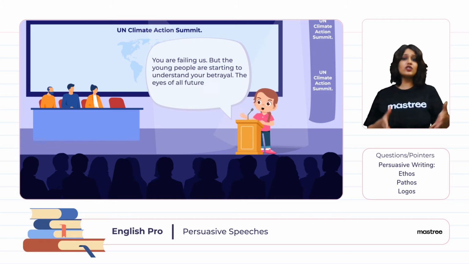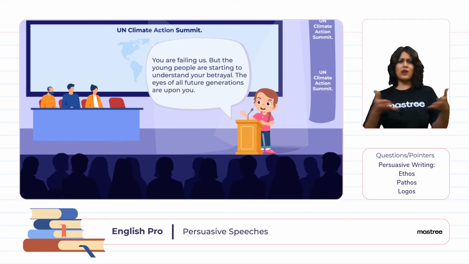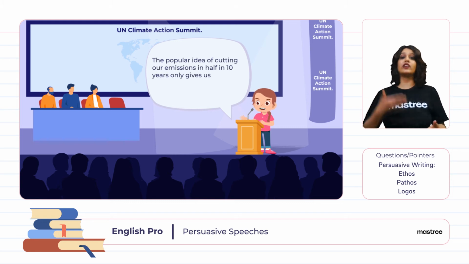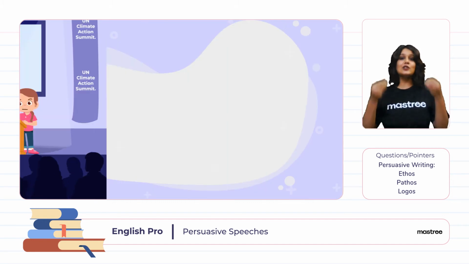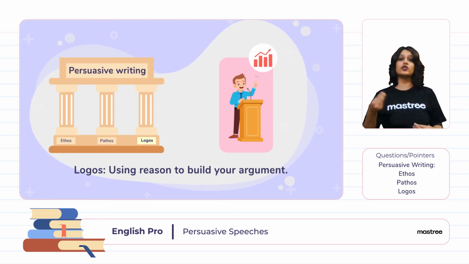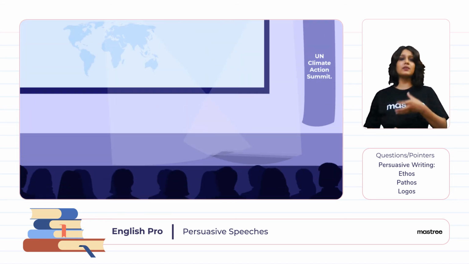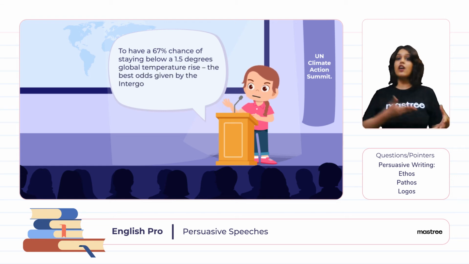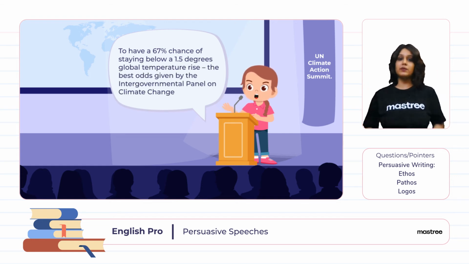Now, Greta doesn't just stop here. Otherwise, she would just sound like a demanding teenager. She also backs up her stance with scientific evidence. This is logos, or building up argument or reason, logic, and by giving evidence to your stance. So she cites the numbers from scientific studies, such as the necessary limit to global temperatures from adversely affecting the environment.